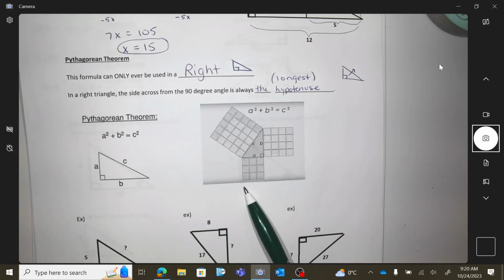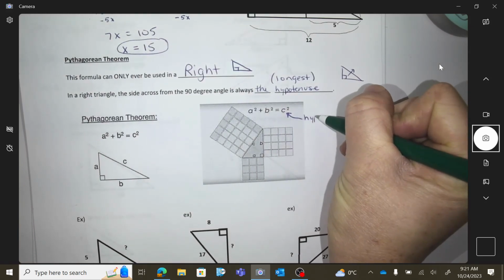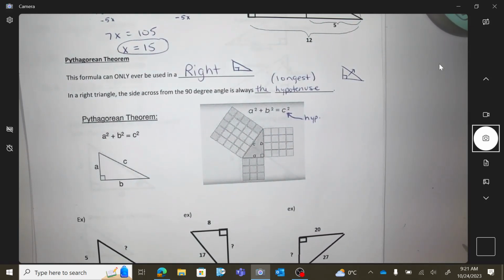Okay, so here's the formula. A squared plus b squared equals c squared. And in that formula, the c is always the hypotenuse. And the a and the b are always the other sides, and it really doesn't matter.